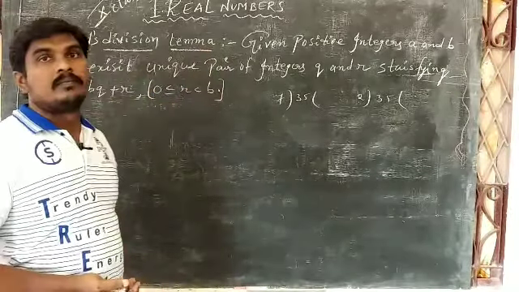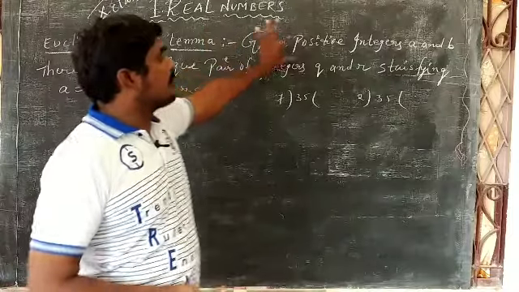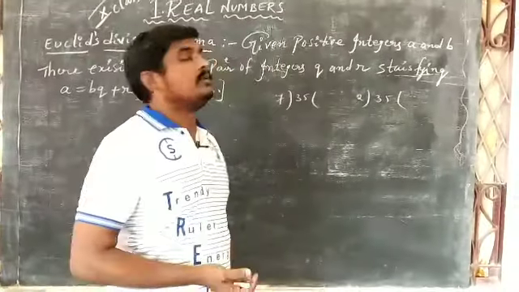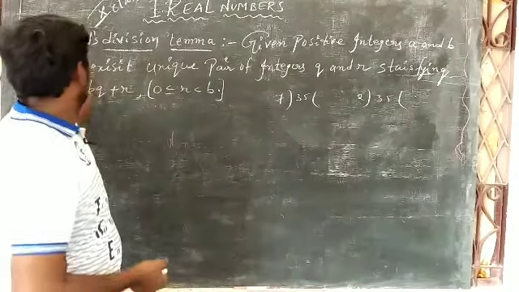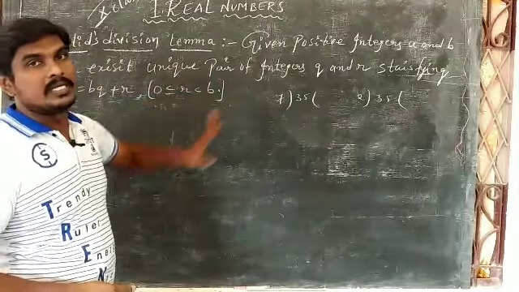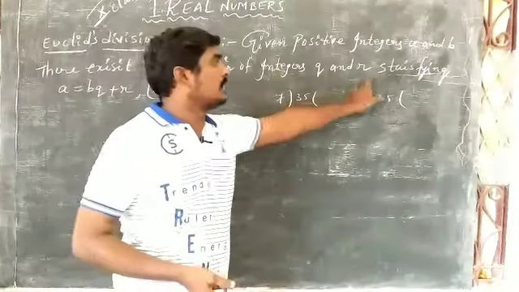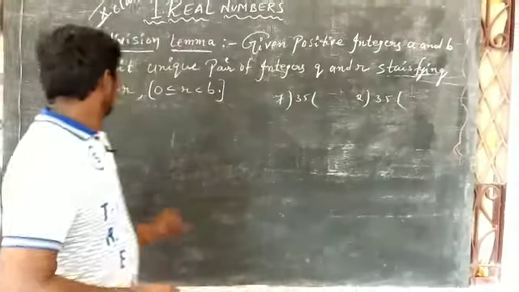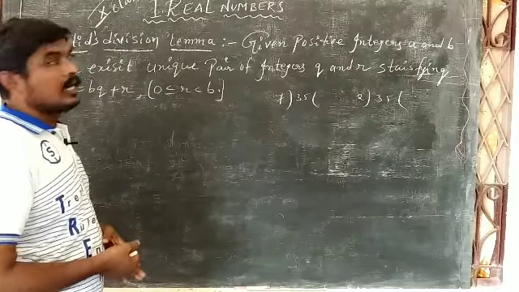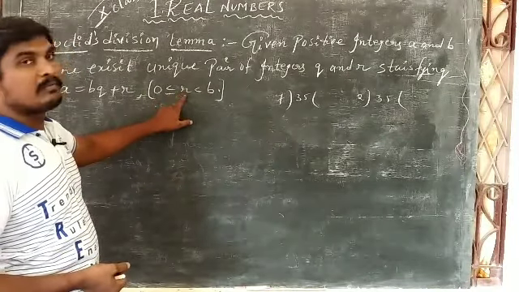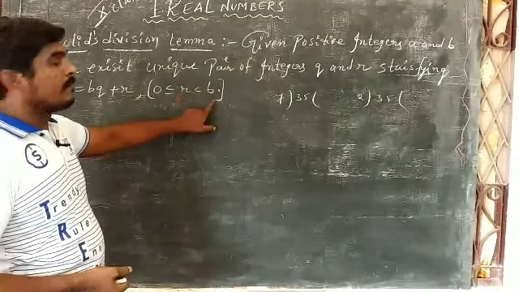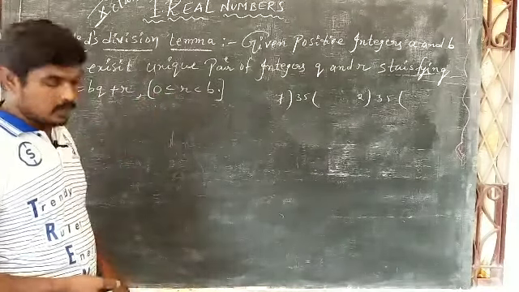That is, given positive integers a and b, both are positive integers, there exists a unique pair of integers q and r satisfying the rule a is equal to bq plus r. Here the condition is that the remainder must be between 0 and b, and also can be equal to 0.